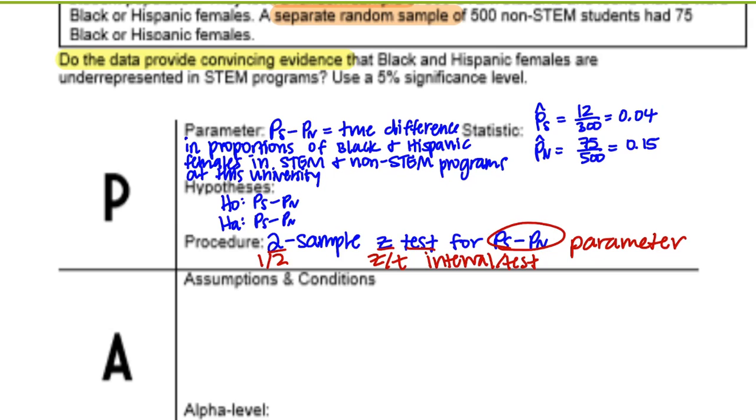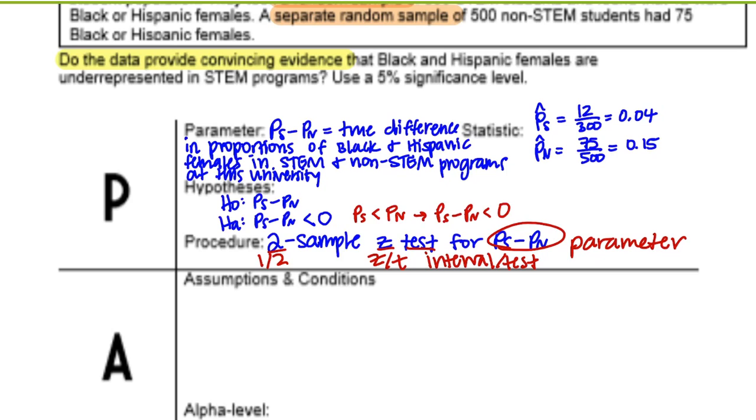And so that means that, will the difference be negative? We've talked about this a lot in our last units. One way that we can rewrite this is proportion of Black and Hispanic females in STEM less than the proportion of Black and Hispanic females in non-STEM, but we can operate easier with differences, and so that's why we can just move that N over and get the difference.